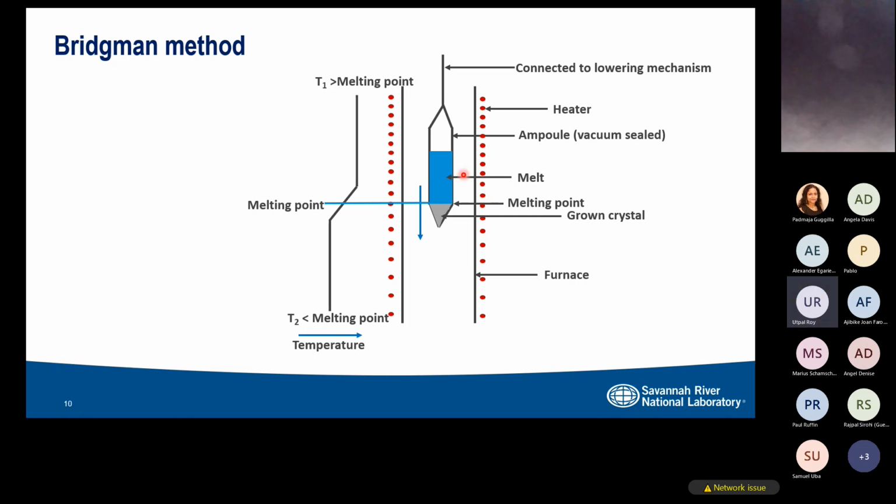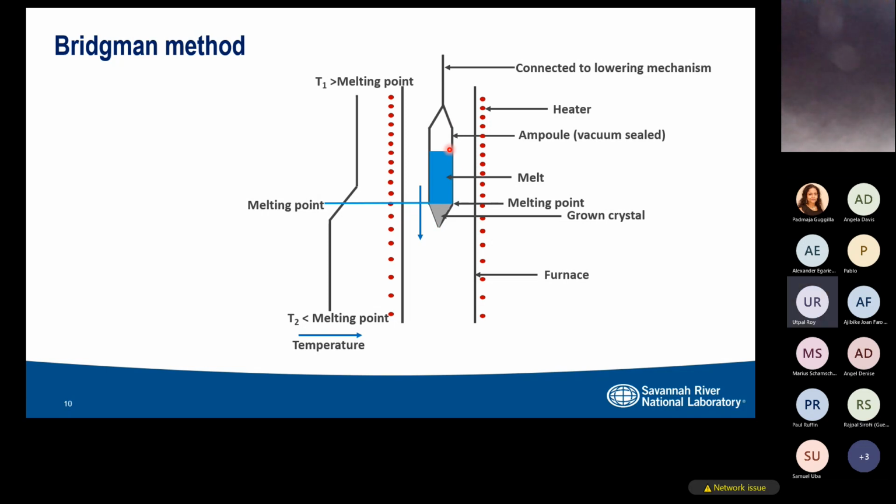So when you melt the whole material above 1130 degrees centigrade, since cadmium vapor pressure is higher than zinc and tellurium, cadmium tries to evaporate out from the top of the molten zone. And they start depositing over here. So that means when you grow the crystals, you will grow it with less amount of cadmium. That means you are losing a lot of cadmium during this process.